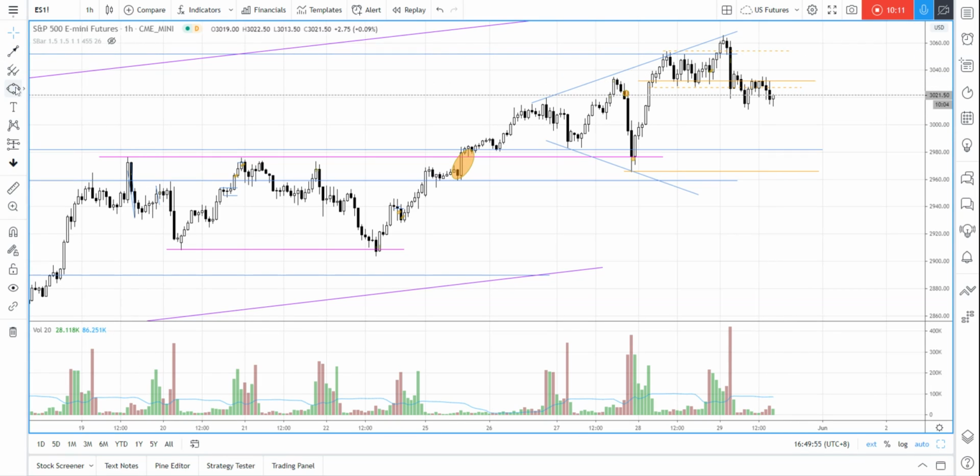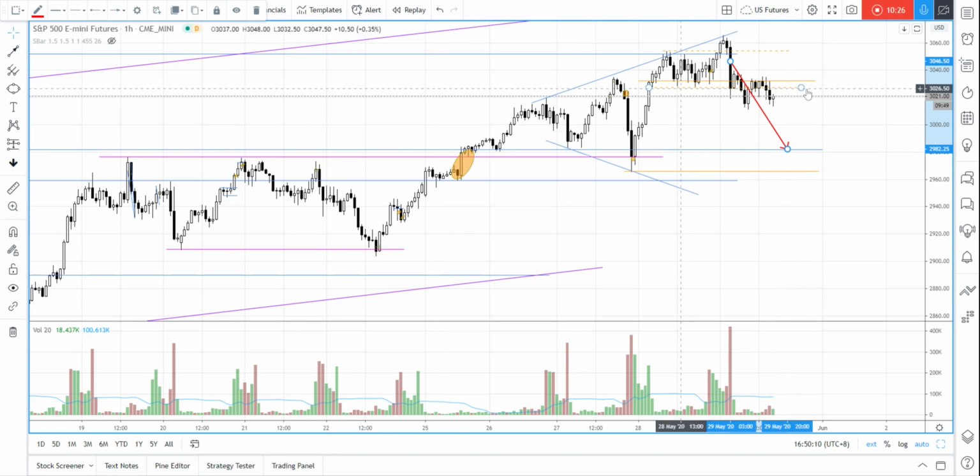So far, I think we still need to wait for the S&P 500 to resolve within this broadening top structure. One of the scenarios that I anticipate is a correction or pullback to 2980, followed by a bounce if it really happens.